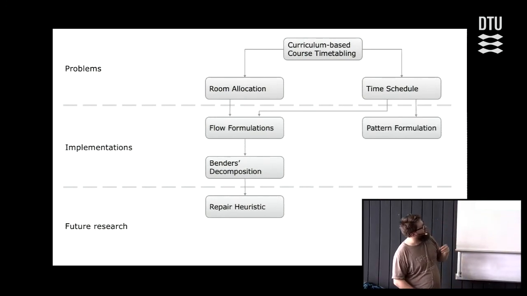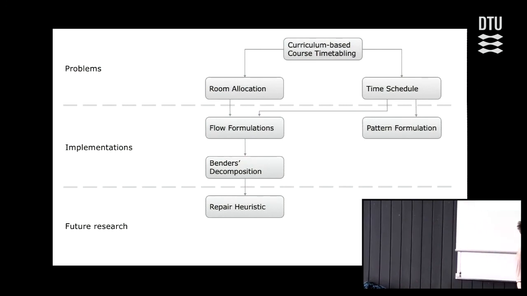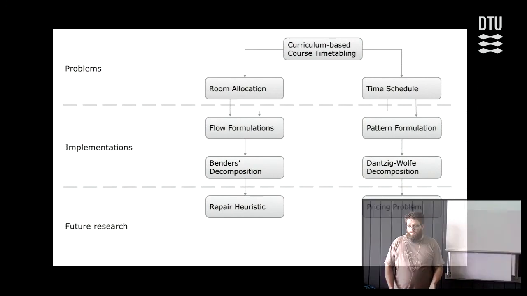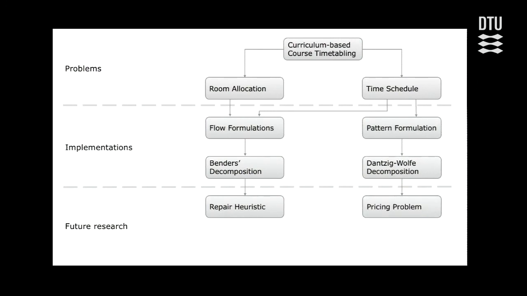Then we looked at the pattern formulations for only the time scheduling part, which we decomposed using Dantzig-Wolfe. The pricing problems are very hard, especially for some of the instances. We need more research on why they are hard, those specifics. Are the pricing problems correct? Maybe we should make them slightly different to be able to actually solve them. But at least we need more focus here.